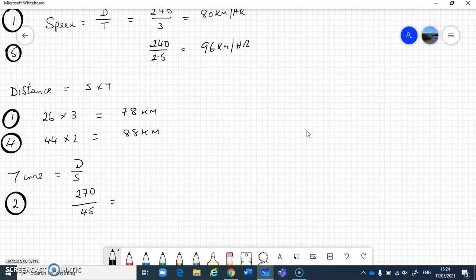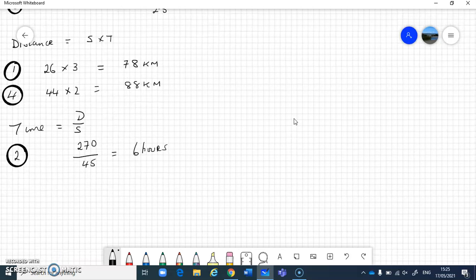So 270 divided by 45, and that gives us 6 hours. Okay, I didn't spell that very well. 6 hours. So I'm just going to move on now, and we'll do one more off that page.